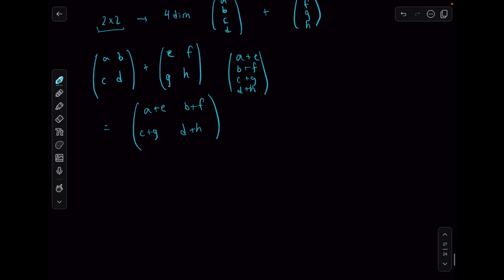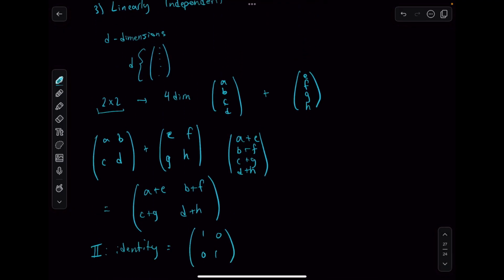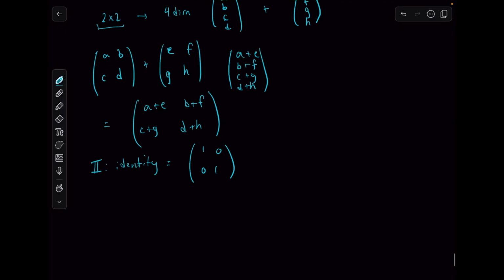So if we tack on a fourth, the identity, which happens to also be unitary and Hermitian, and linearly independent from all the Pauli matrices, then we can form a basis for all the 2x2 Hermitian matrices.